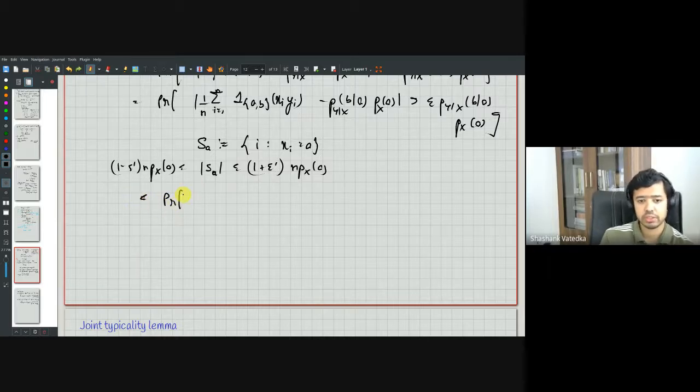So it's enough if I just restrict myself to the locations i in S_A. In these locations, x_i is equal to a. So I need to find out in how many of these locations y_i is equal to b.